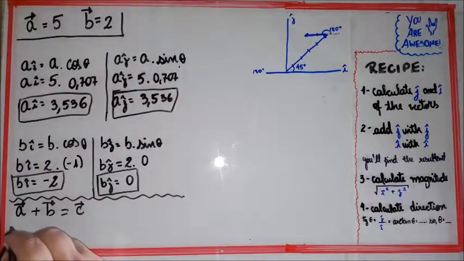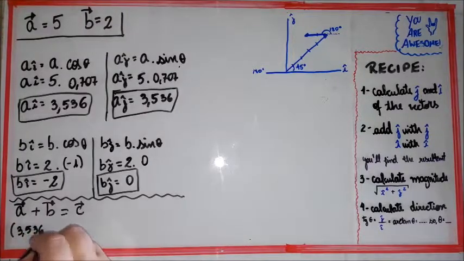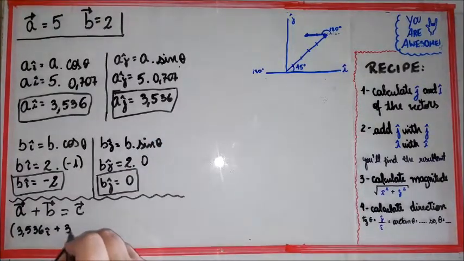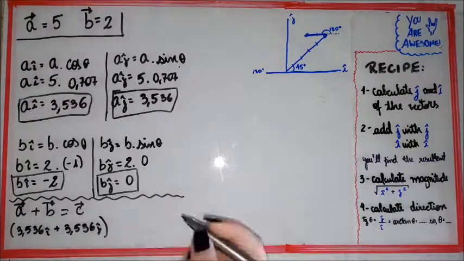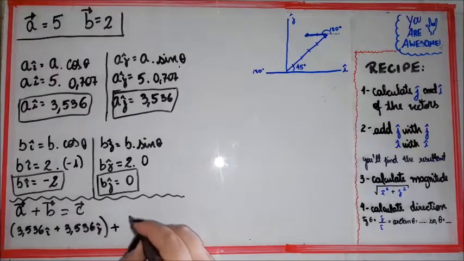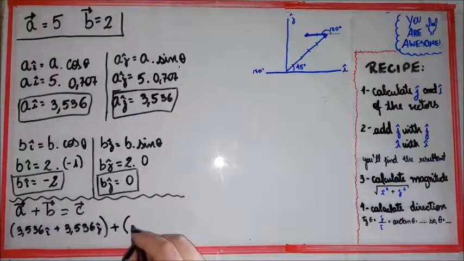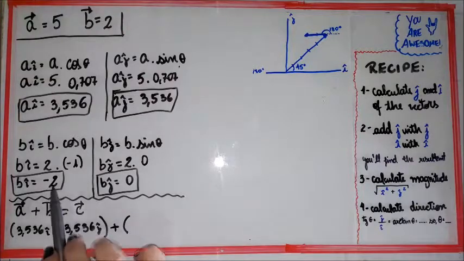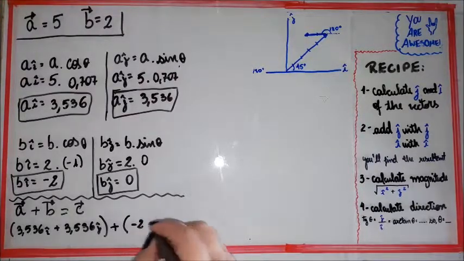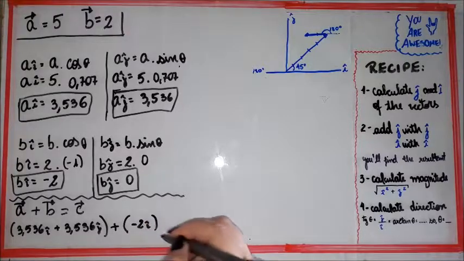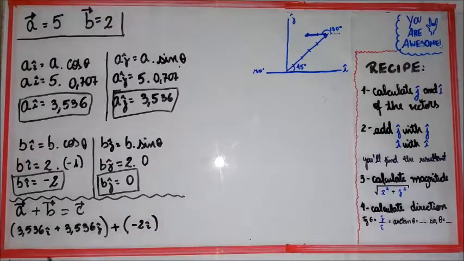So A is this value plus this value. Plus B. B, I only have negative 2 i hat. Okay? So add i with i, j with j.